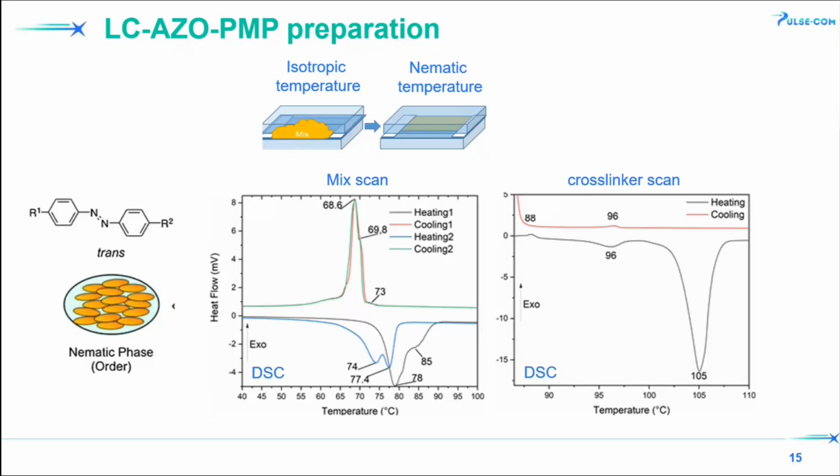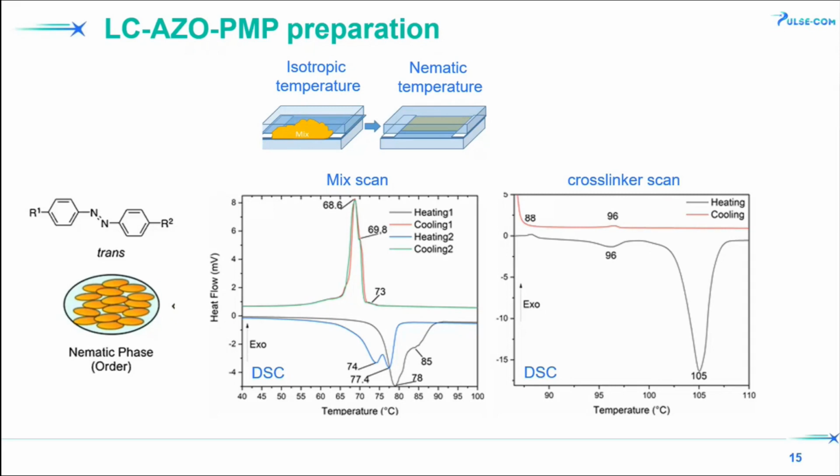The one on the right is of a cross-linker, an azobenzene cross-linker, and you can easily see that two melting points are present. This is actually pretty normal for liquid crystals. In fact, the first melting point is the passage from a crystalline to a nematic phase, and then the passage to an isotropic phase. It becomes more complicated when you use a mixture.